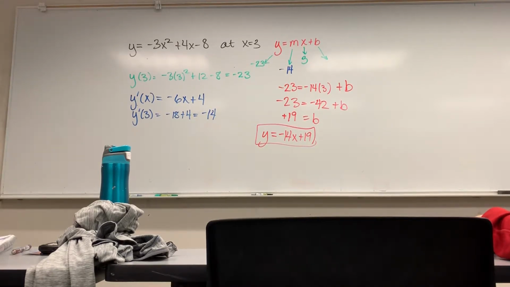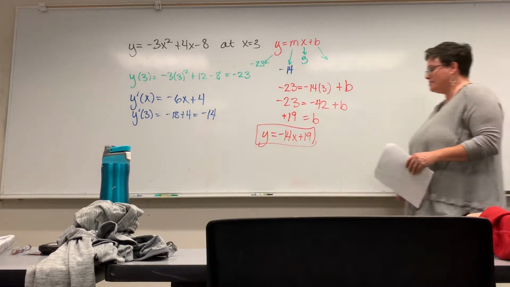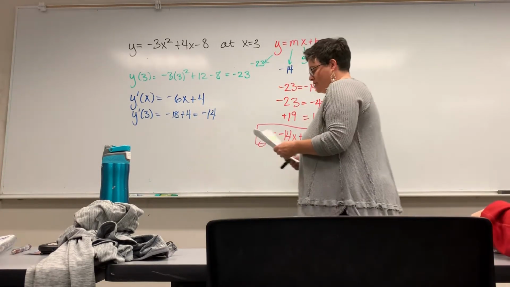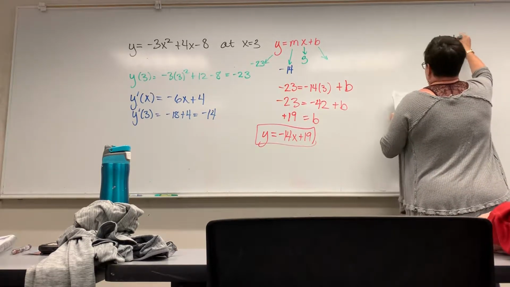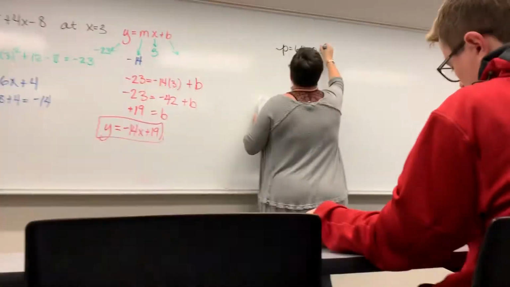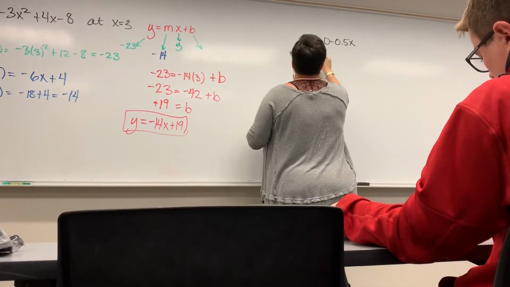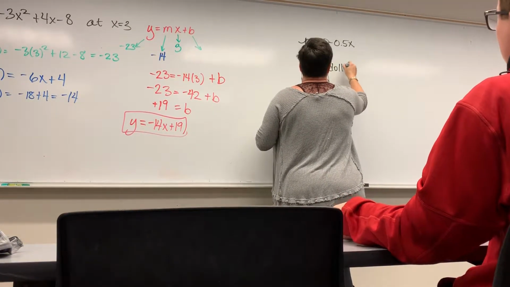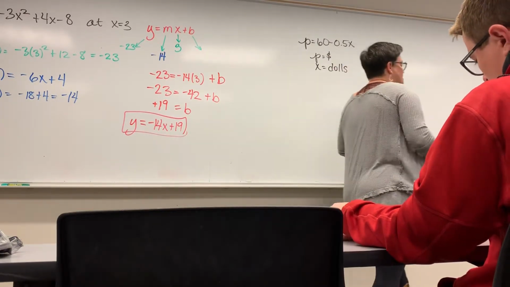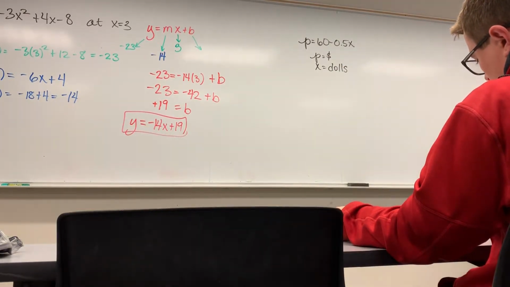Okay. You make custom zombie dolls. Cute, creepy. Your price function is P equals 60 minus 0.5x. P is in dollars and x is in dolls. So x is production, price is dollars.